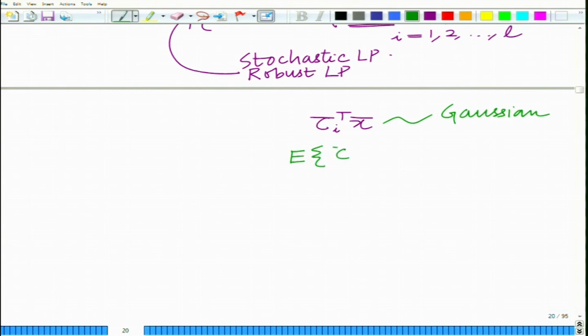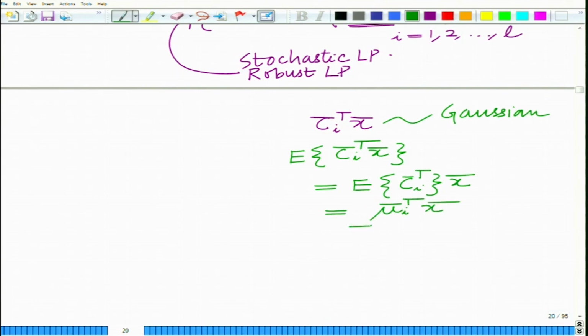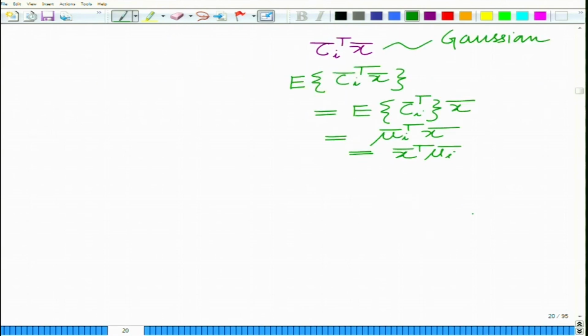The mean is simple: the expected value of C bar I transpose x bar, which is equal to the expected value of C bar I, that is mu bar I, transpose x bar. So this is mu bar I transpose x bar, which is equal to x bar transpose mu bar I. So, this is the mean.